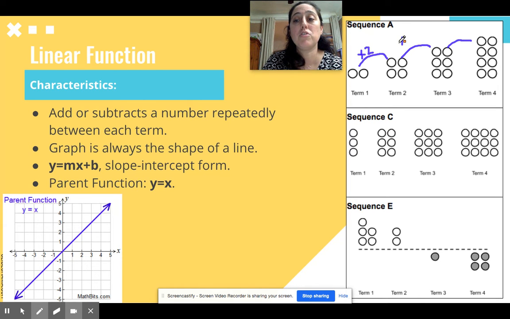Okay, so plus 2, plus 2, plus 2. Now in sequence C, I'm adding 3 each time, right? So I go from 3 to 6, add another 3 to give me 9, and add another 3 here to give me 12.